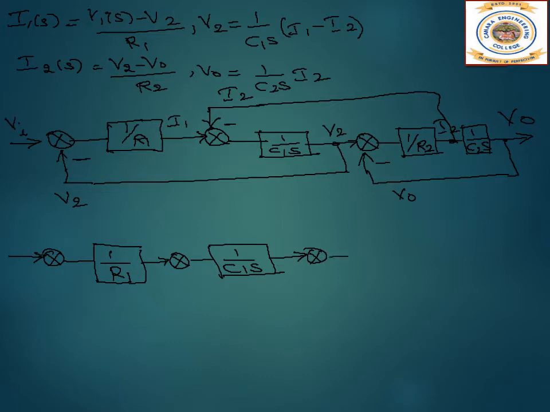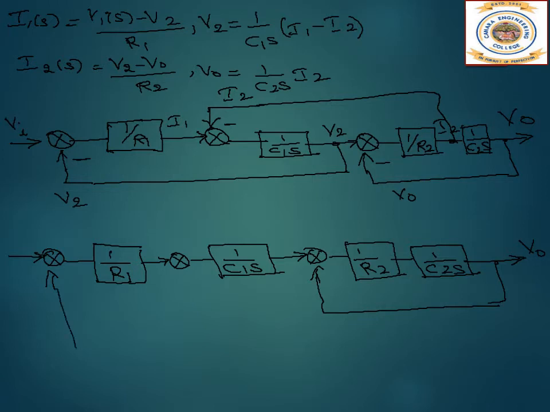Here we have 1 by R2 and 1 by C2. Yes, this is V. So let us draw other things, whichever is as it is. The shifting we'll see. This comes over here, and this comes over here. So now I have just shifted. I haven't written what we need in this block.